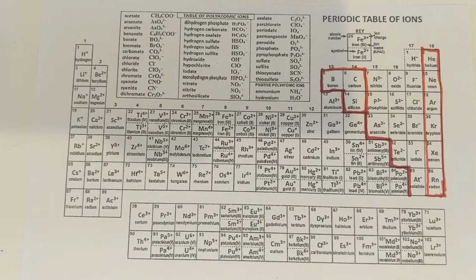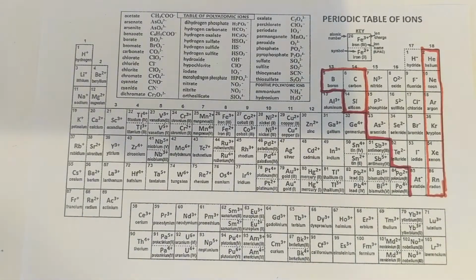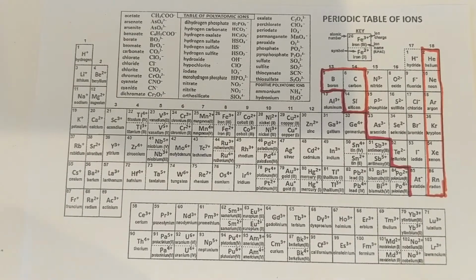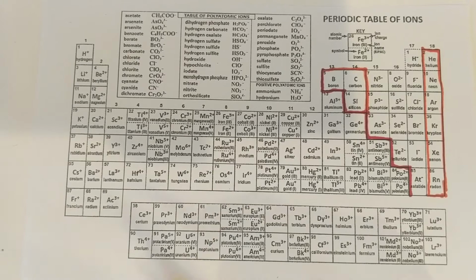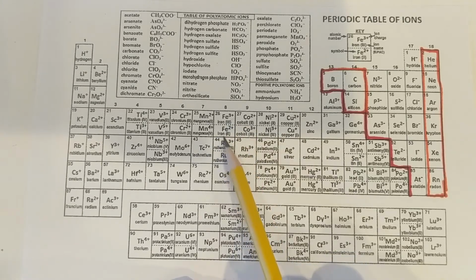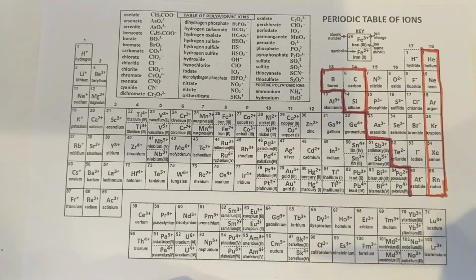One of the big things that's confusing, and we haven't learned a lot about it, is our transition metals. If you take a look at a lot of our transition metals, they can be more than one type of ion. Iron could be a +3 ion or a +2 ion.